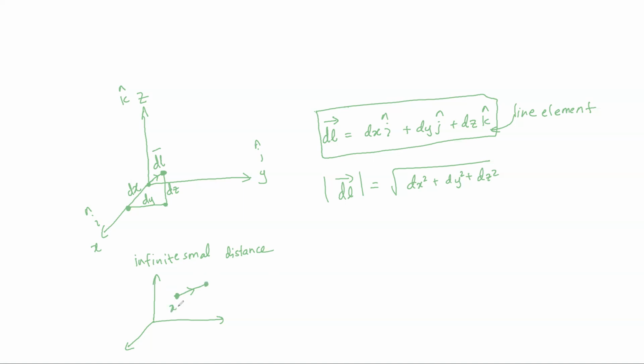So this could be the point x, y, z. This could be x plus dx, y plus dy, and z plus dz, right? So this point could be the point that we reach once we move an infinitesimal distance along the x, y, and z axis. So I hope it is clear to you. If it is not clear, please let me know.